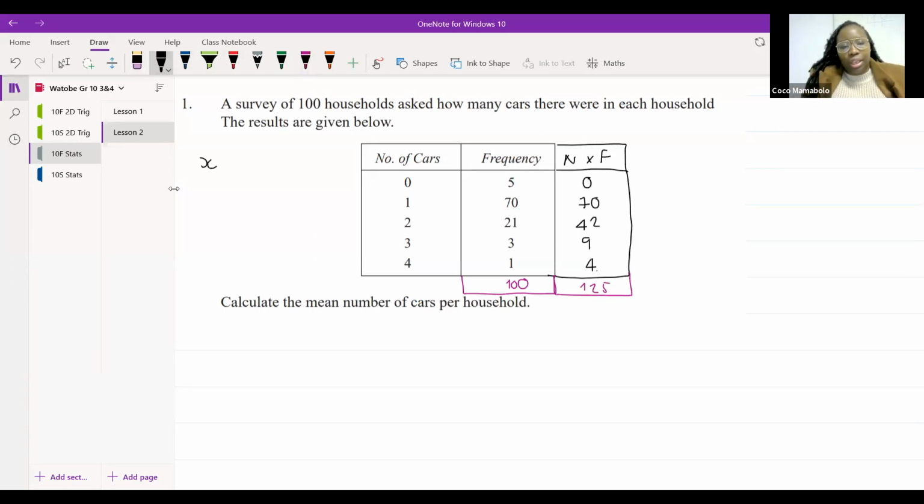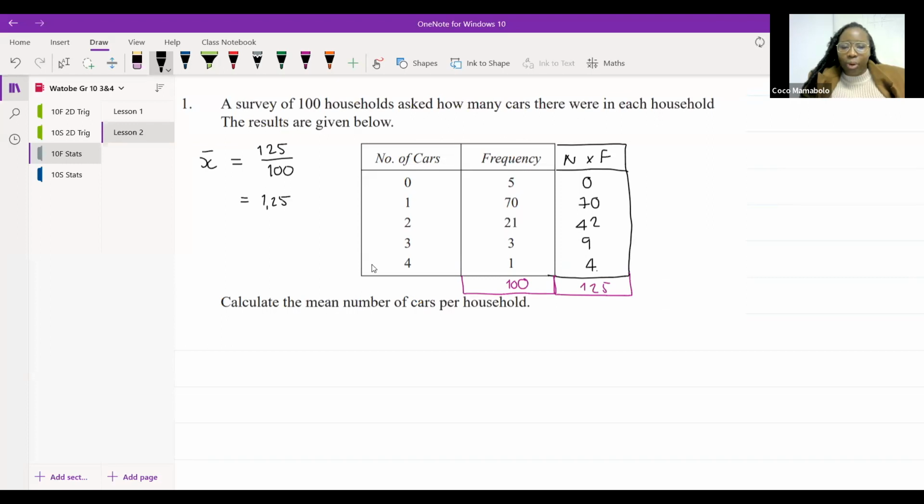Now let's calculate the mean. The mean is going to be the number of cars over the number of households. What are we going to get here? Would you not write 125 over 100? Good, 125 over 100, and that is equal to 1.25.